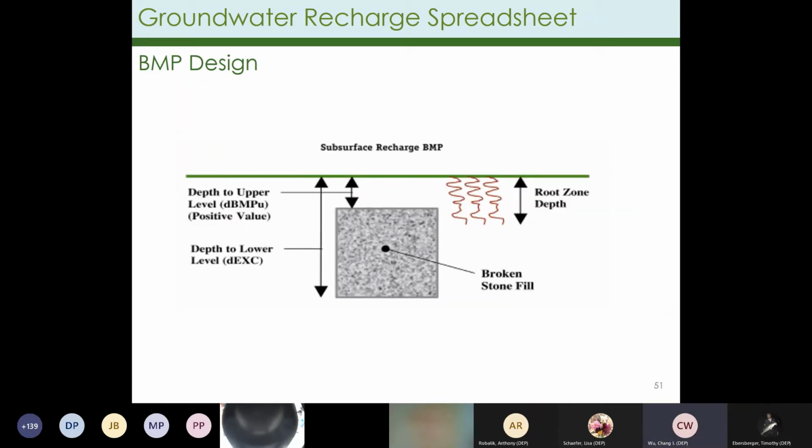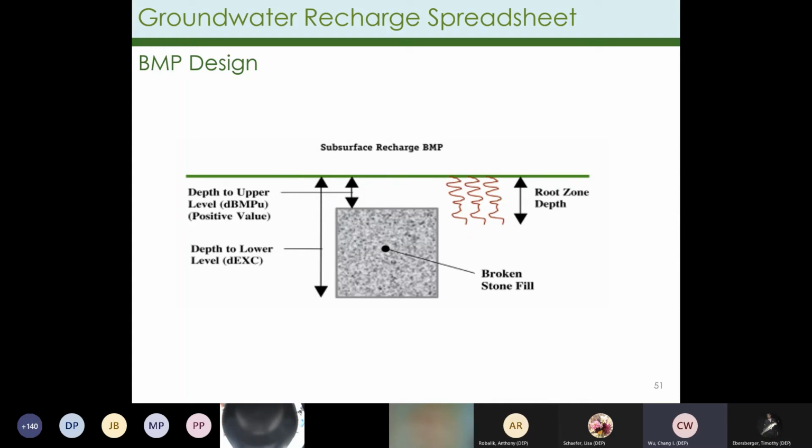And the other example is if you have an underground infiltration BMP, then the DBMPU would be positive because you have the vegetated ground above, and the water level would be the top of the storage area.